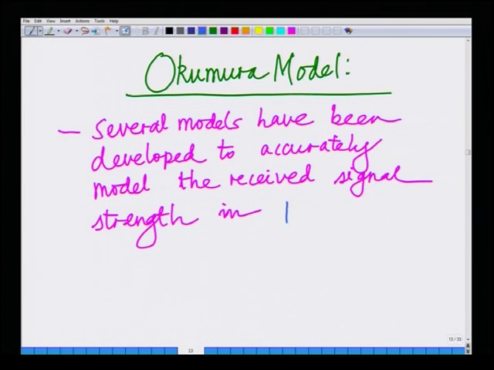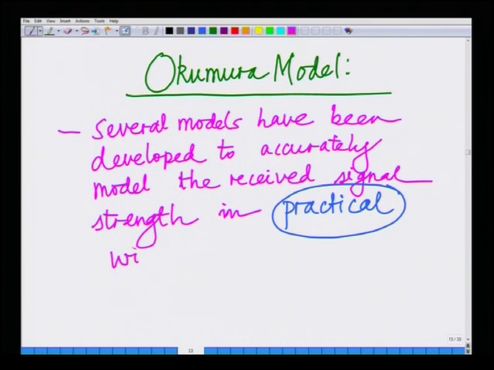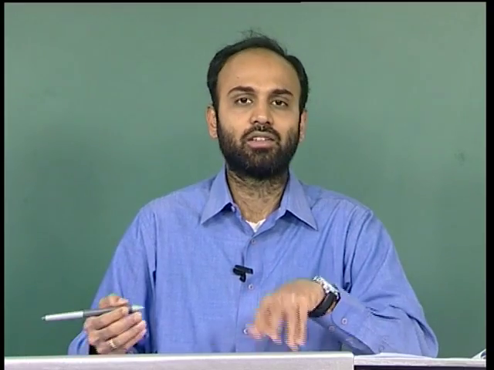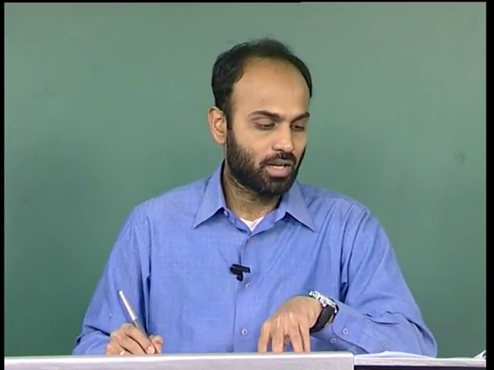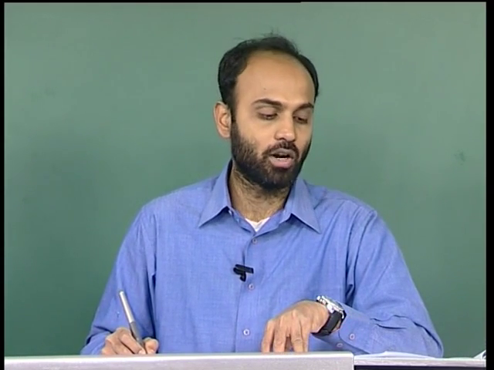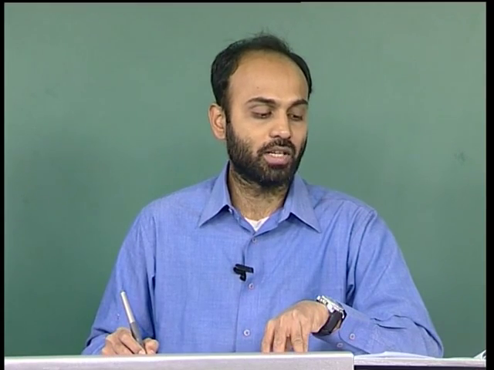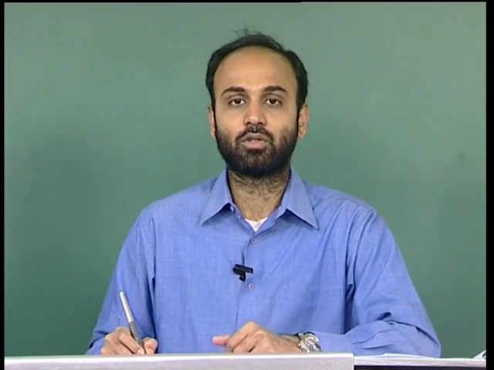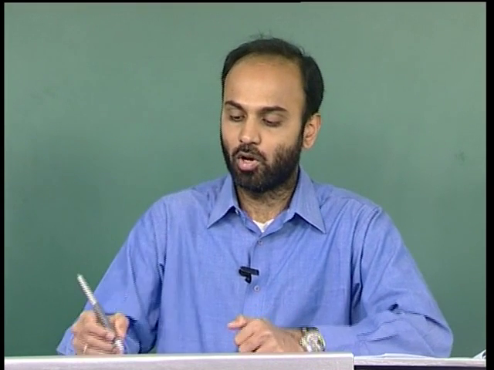The keyword here is practical. These models characterize wireless signal strength in practical scenarios, especially cellular scenarios. The Okumura model is one of the most widely used, essentially for signal strength prediction in urban and suburban areas. It is one of the more popular models.